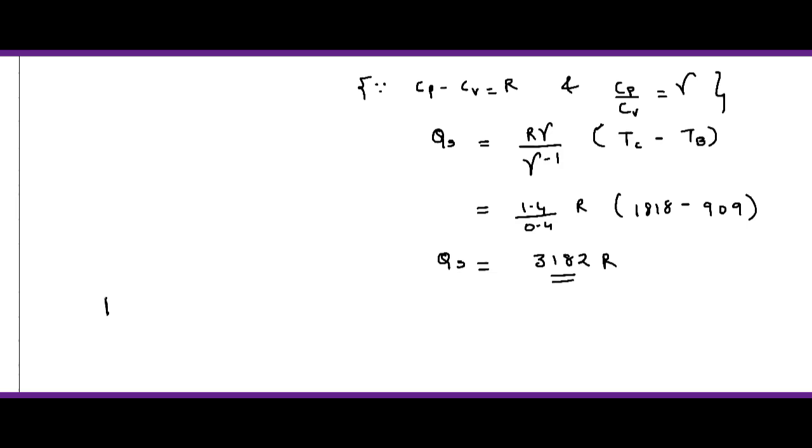The net work done, W net, is the work done from A to B plus the work done from B to C plus the work done from C to D, and finally the work done from D to A. We have to calculate all four work done and add them up, so we will get the net work done.